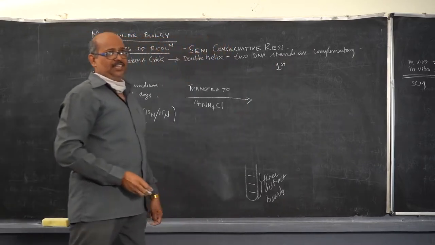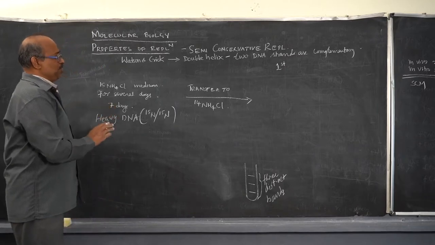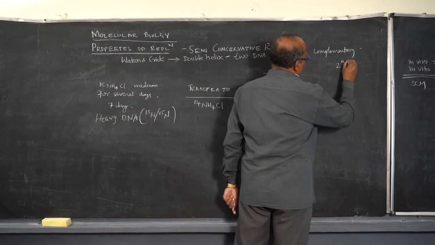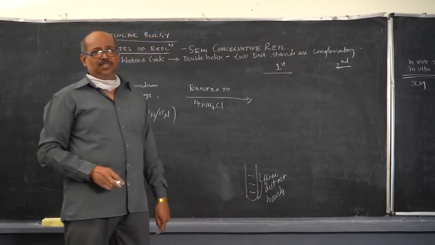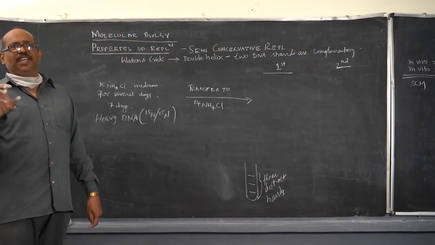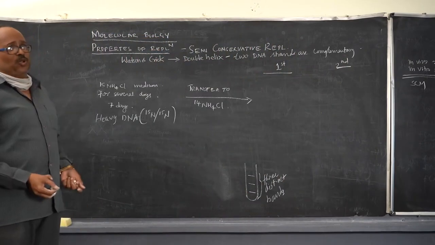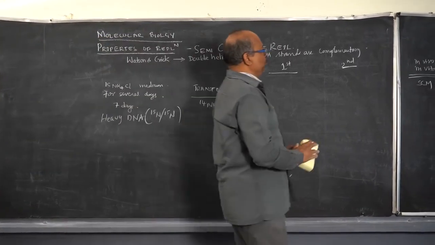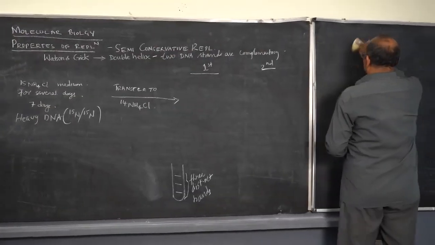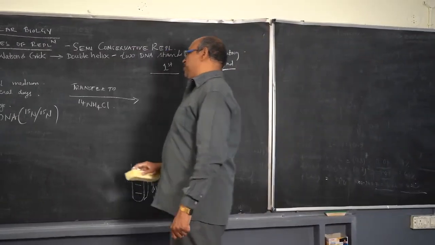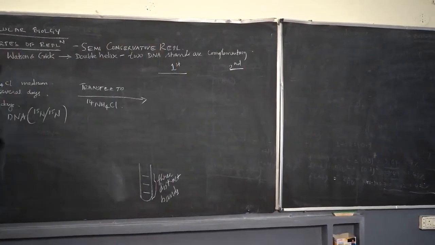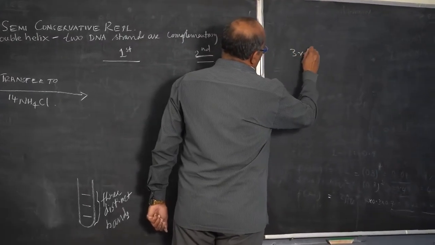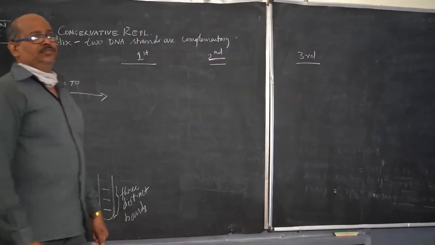You take the DNA and then you centrifuge the DNA. Then after 80 minutes, you take the second sample. You take a second set of E. coli cells. From the cells you extract and obtain the DNA and again go for isopycnic density gradient centrifugation. Similarly, after 2 hours, you do the third generation centrifugation.